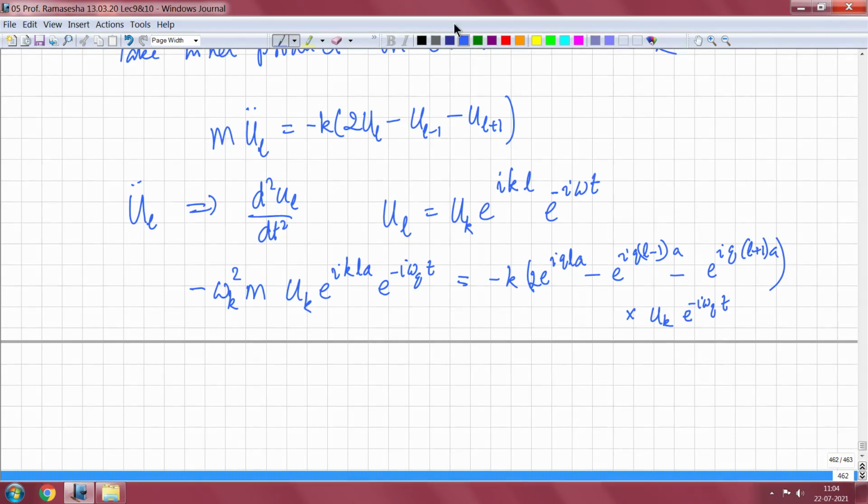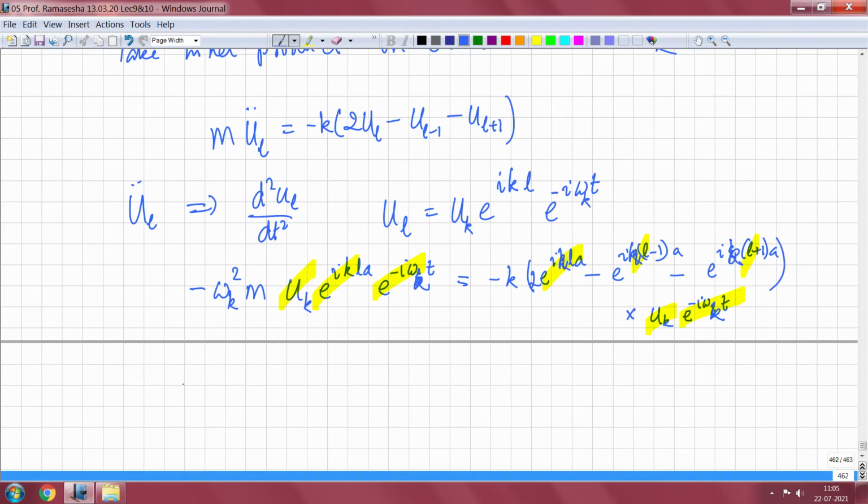So now I can cancel out some things. I can cancel out u_k e to the minus i omega t here and e to the i k l a on both sides. Just a minute, I was missing k and q, so this should be k on both sides, this should be k, this should be k, and this should also be k.